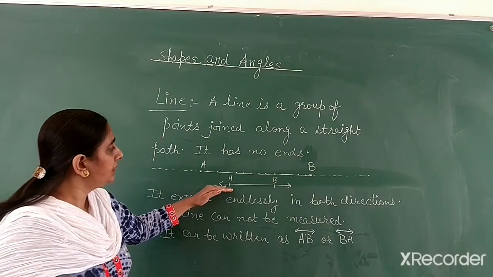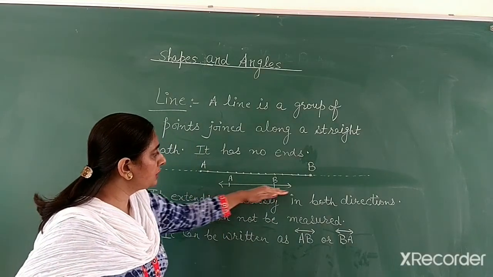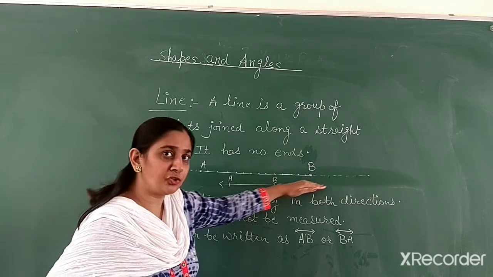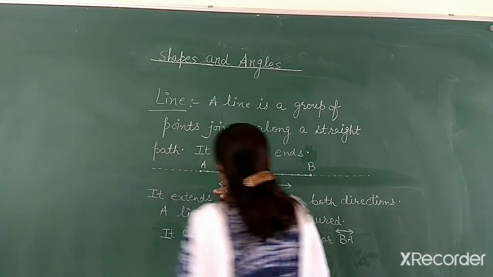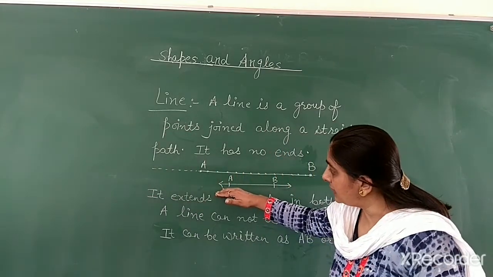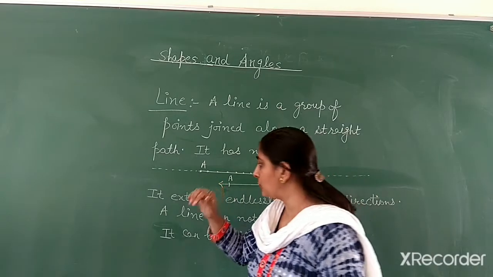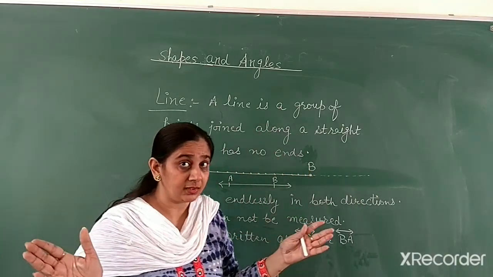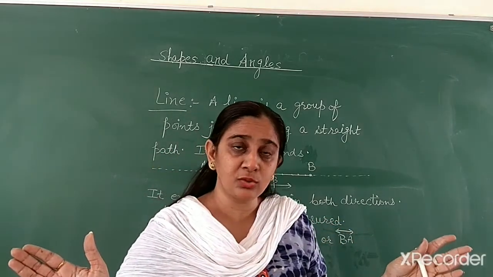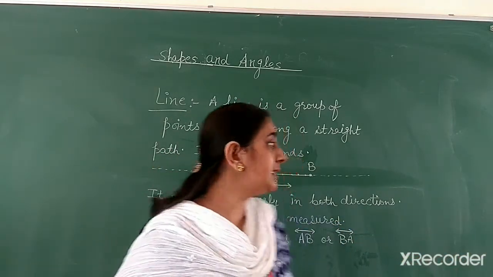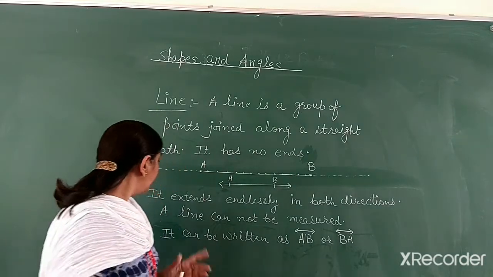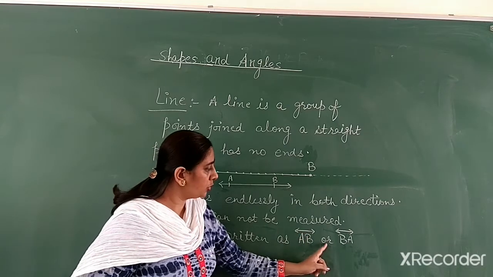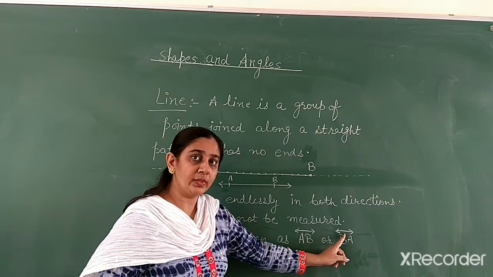Now you will see this line has an arrow on both sides. An arrow on this side means it can be extended in the direction of B, and an arrow on this side tells that it can be extended in the direction of A also. A line cannot be measured since it can be extended at both sides endlessly, so you cannot measure it, and it doesn't have a fixed length either. Now it can be written as AB with a double-headed arrow over it, or BA with a double-headed arrow over it.